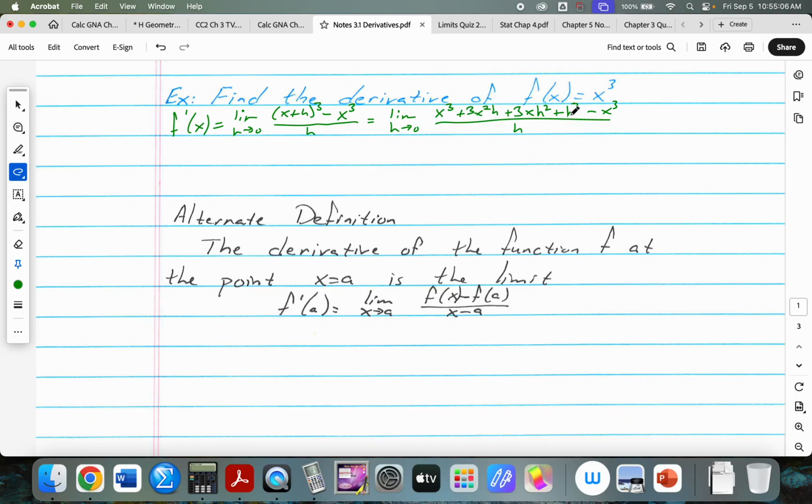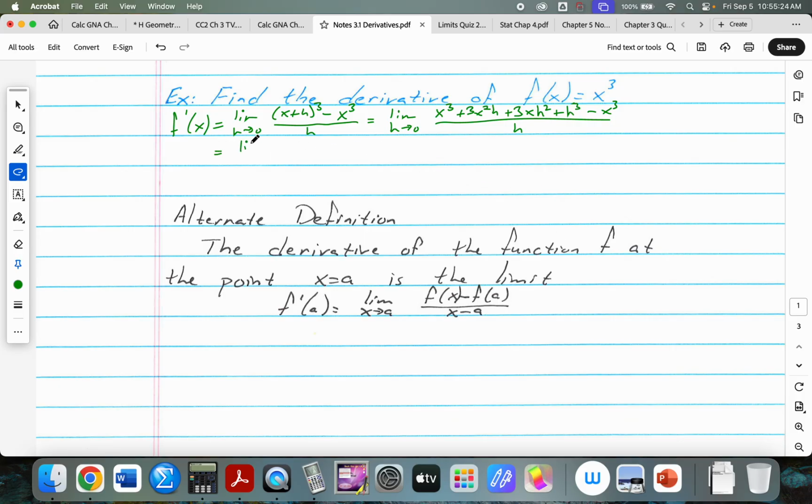I would imagine you guys are pretty good at squaring binomials, cubing binomials, and higher. Did you guys ever learn Pascal's triangle? Yes. Okay, and that's where the 1, 3, 3, 1 comes from for those coefficients.